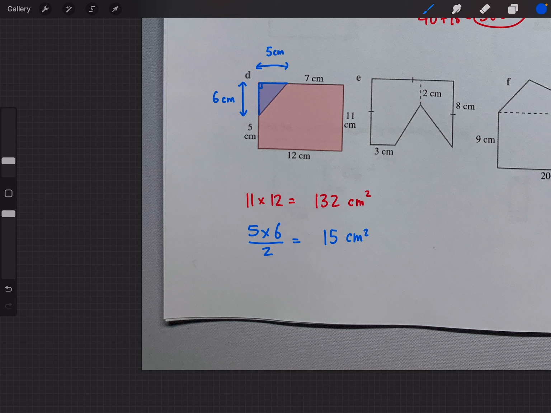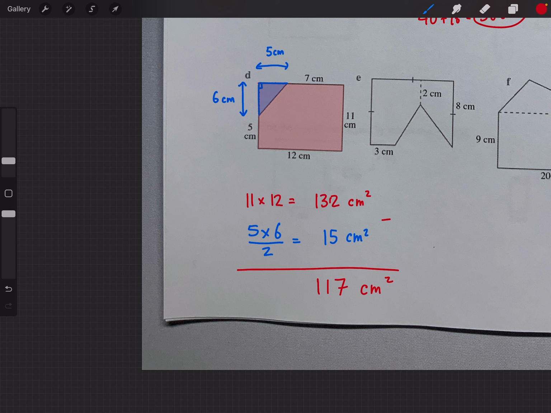So what we're going to do is subtract the answers, okay? And we're going to get, let me see, this will be 7, this will be 1, so it'll be 7, 1 and 1. That means 117 centimeters squared is the answer.